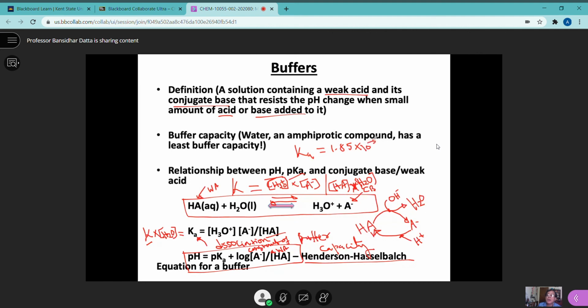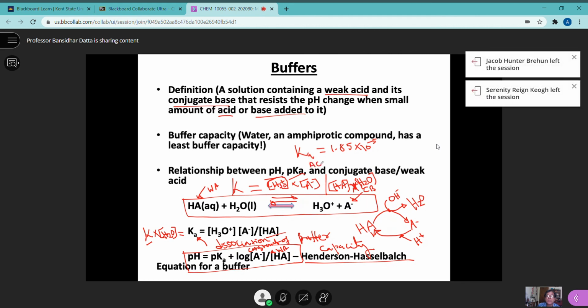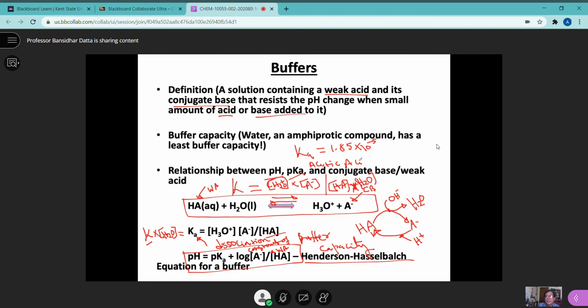Now, who can calculate the pKa? Ka is the dissociation constant of acetic acid, 1.85 times 10 to the minus 5. What is the pKa? Who can calculate for me?